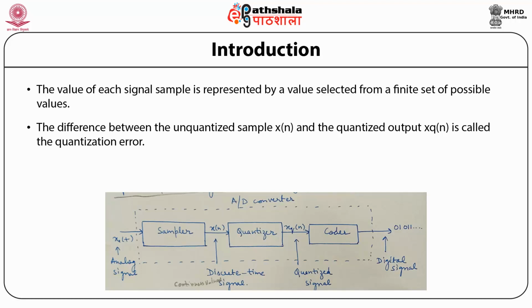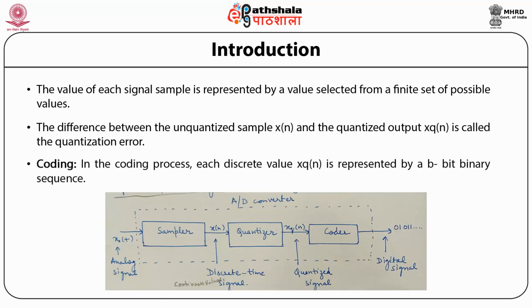The last process is coding. In the coding process, each discrete value xq(n) is represented by a b-bit binary sequence. So students, the block diagram for the analog to digital converter is shown in this figure, where all the three steps, that is the sampler, quantizer and coder, which perform all these processes, are shown over here.